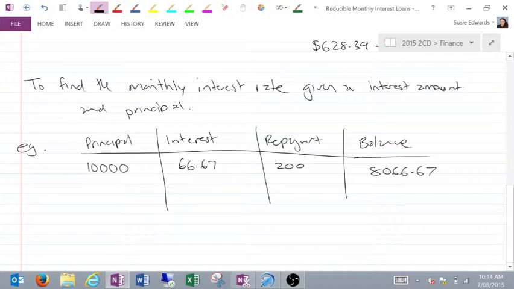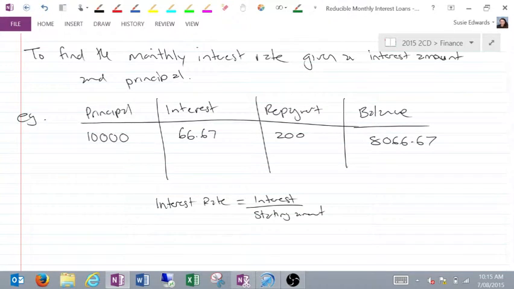It is the interest divided by starting amount. Thank you. So interest rate equals your interest dividing by your starting amount. So for this one, you'd go 66.67 over 10,000.